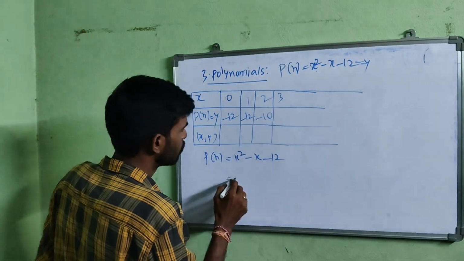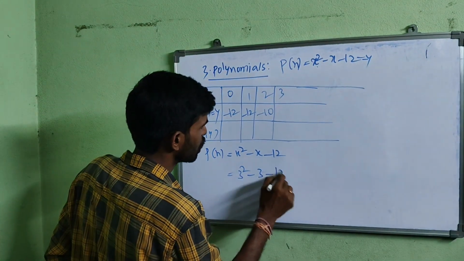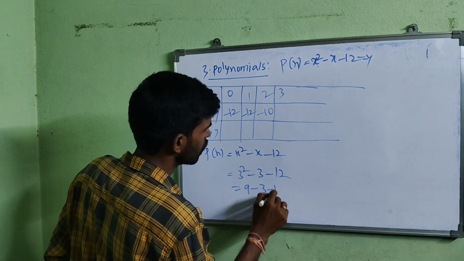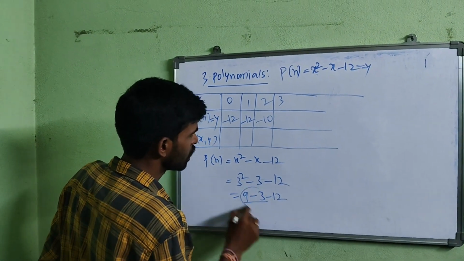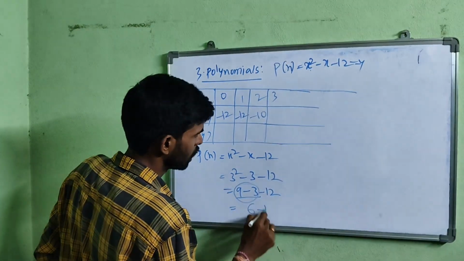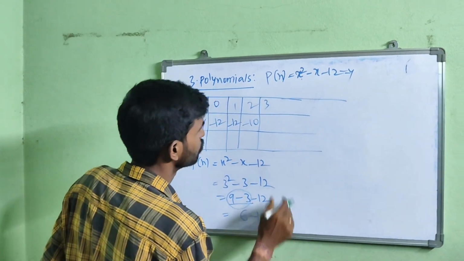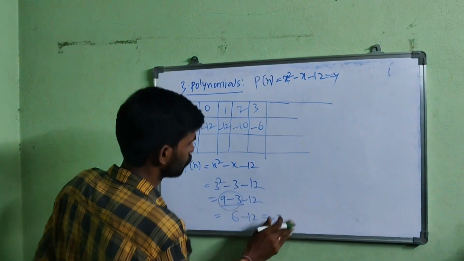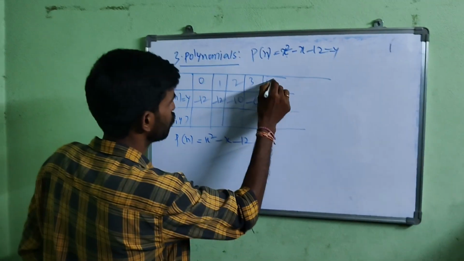Now next 3. 3 square minus 3 minus 12. 9 minus 3 minus 12. 9 minus 3, how much is it? 6 minus 12 equal to minus 6. Next 4.